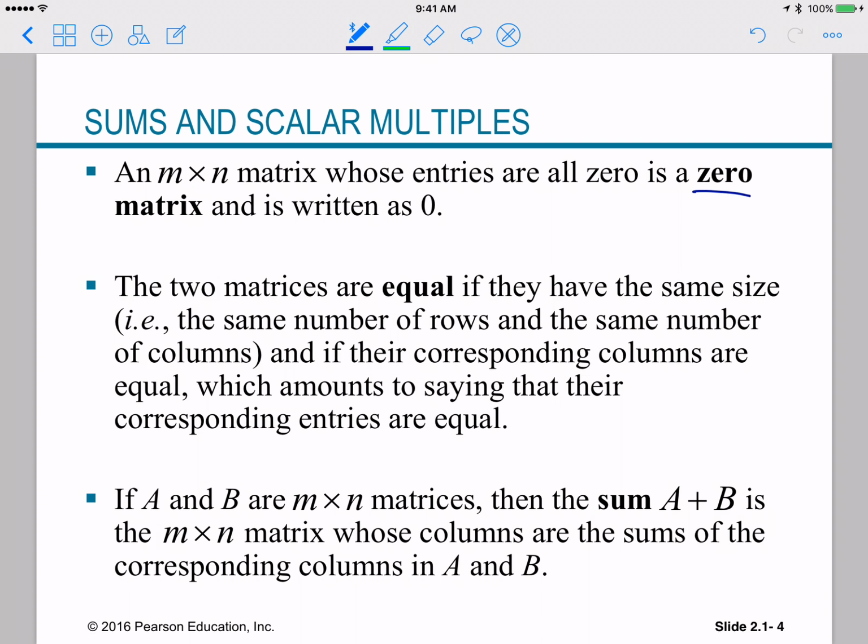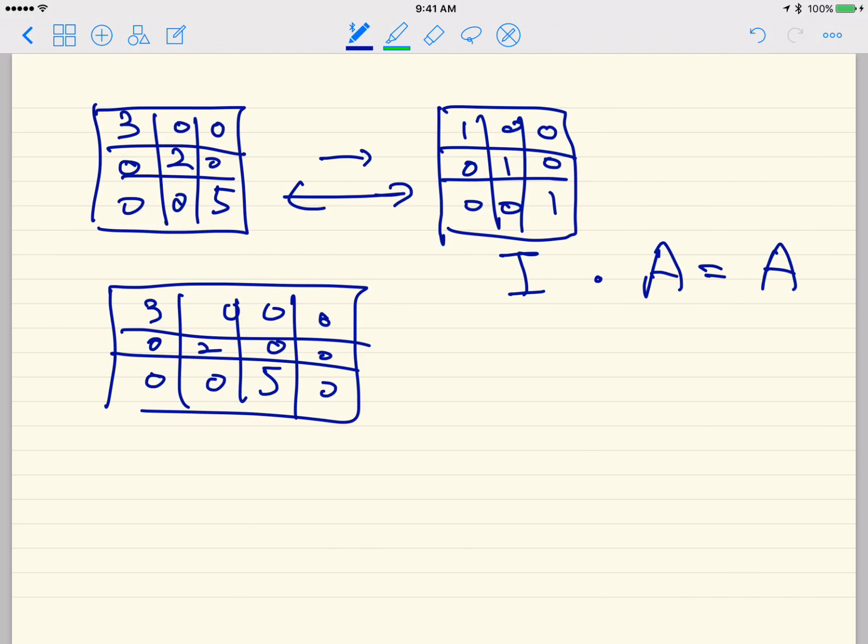Also we have a zero matrix, where the matrix entries are all 0. And then if two matrices are equal, just like the vector case, let me ask the question: 1, 3, 5 and 1, 3, minus 1. Are these vectors equal or not?